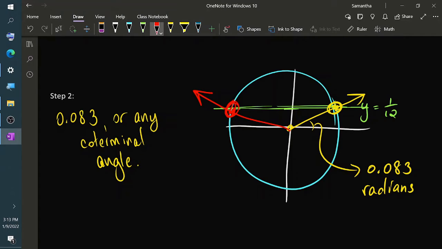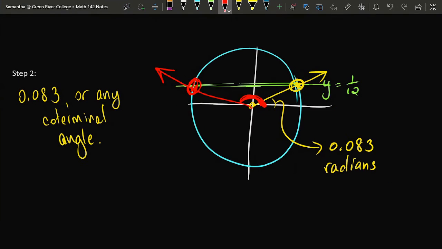So the question becomes, how do I find the value of this red angle over here on the left side of the unit circle? The thing that I notice about the red angle is that I can reach this location by going forward a full 180 degrees and then going backward by an amount which is equal to the 0.083 radians. So if I turn counterclockwise through an angle pi and then turn backward clockwise by 0.083 radians, that will position me in the direction corresponding to the red arrow that I've drawn.